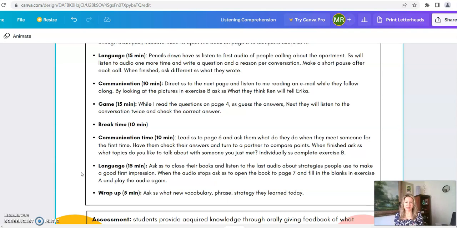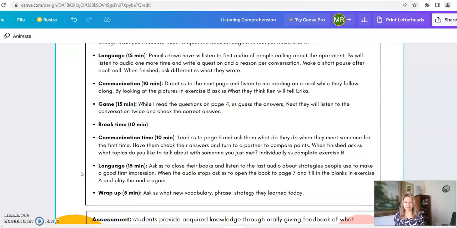This is why I asked them to close the books. When the audio stops, then they can open their books and get ready to listen to the audio again, and then fill out the blanks in exercise A as it says in the book.